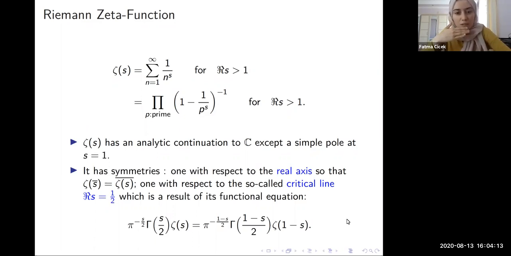Using these symmetries, from the functional equation we will have a symmetry with respect to the critical line, which is when the real part of s is 1 over 2. These symmetries will simplify our discussion for the zeta function. Instead of focusing on the whole complex plane, we can just choose to focus on some parts of the complex plane.